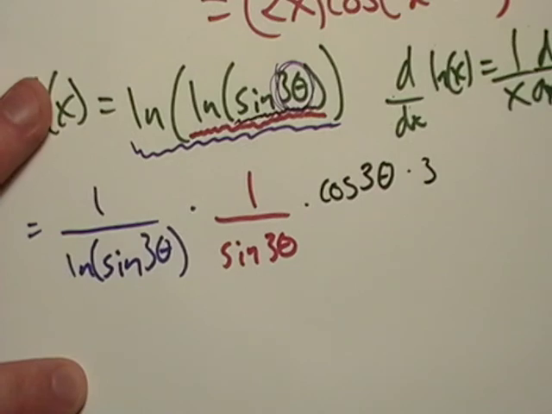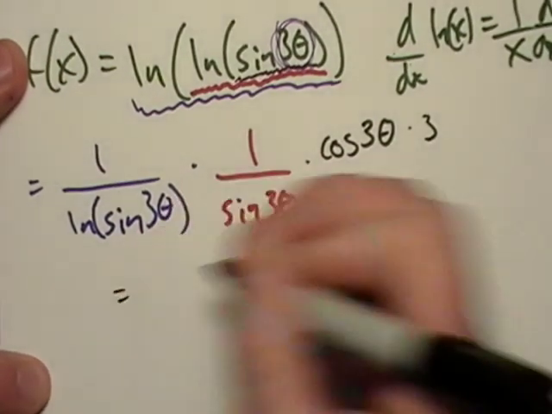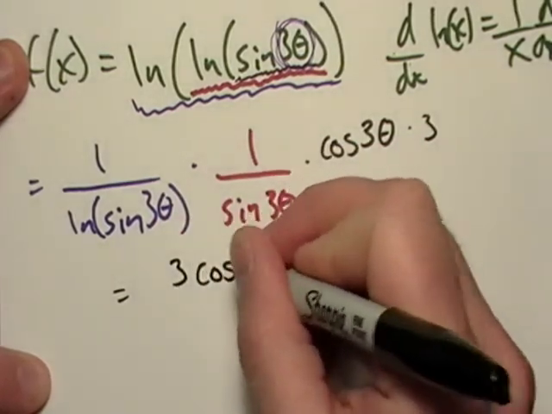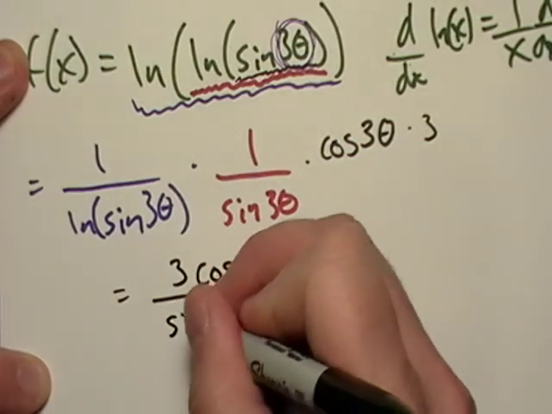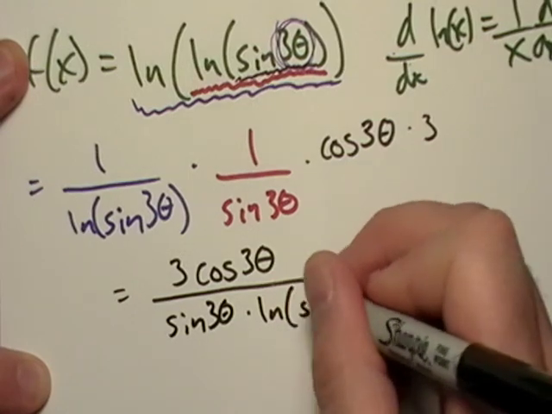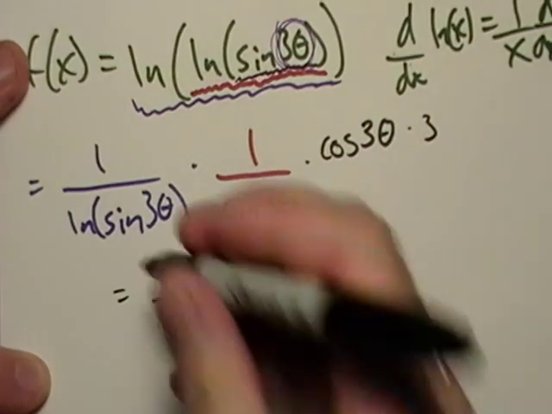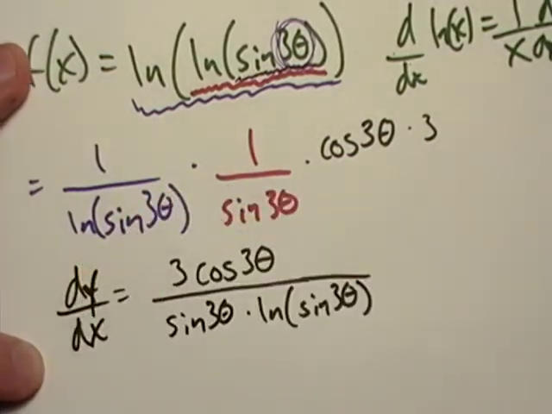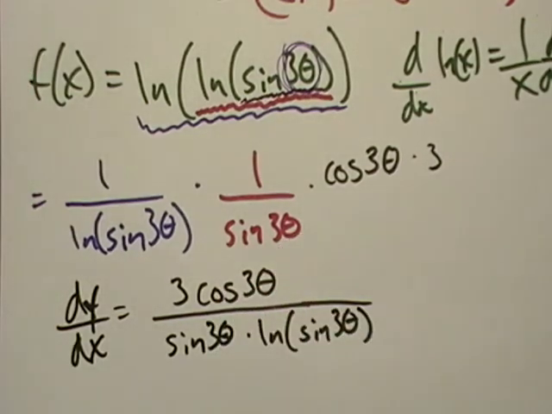It ends there, okay? So let's clean this up a little bit. It looks like we're going to have 3 cosine 3 theta over sine 3 theta times natural log of sine 3 theta. Okay, now I can say that is the derivative.